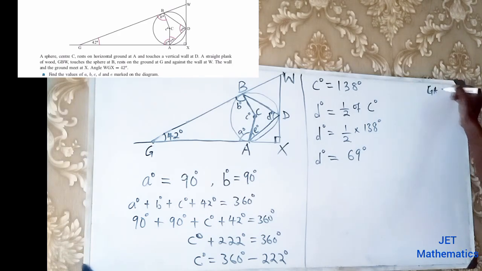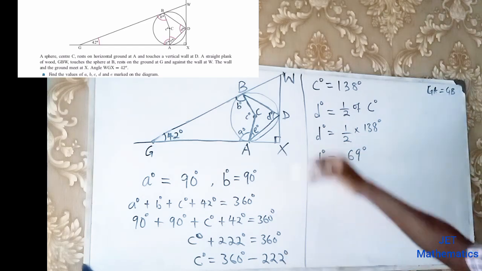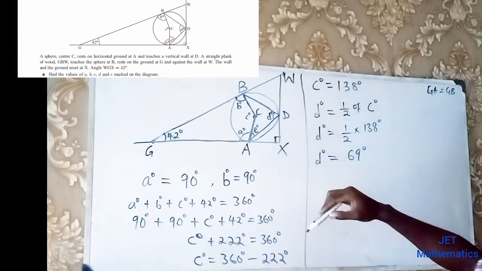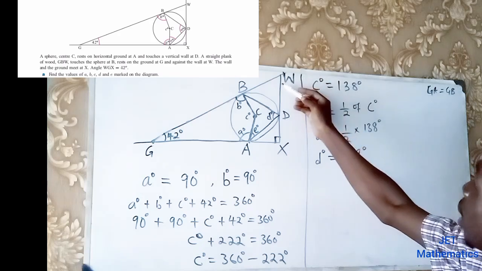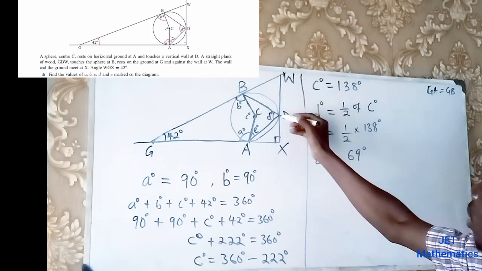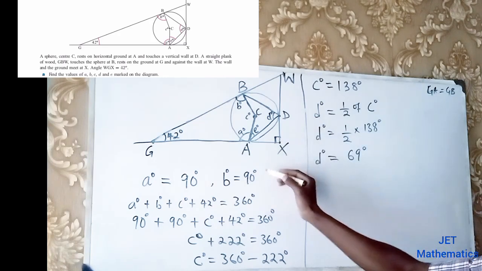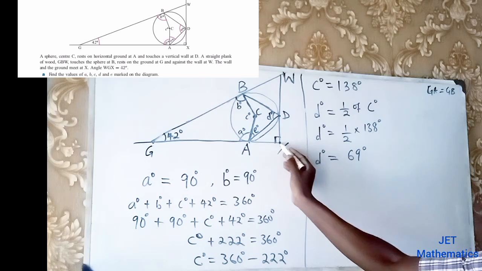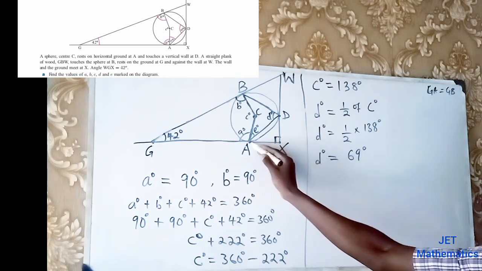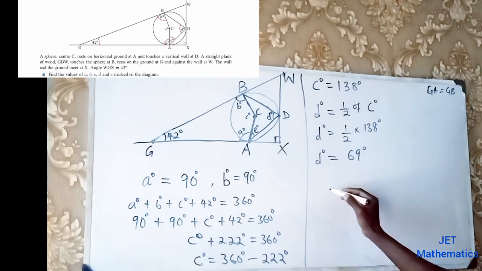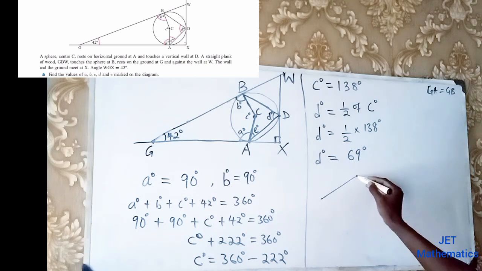GA is equal to GB. Also, WS is also a tangent. That implies that from the point of tangency here to here will be equal to the point of tangency here to here.